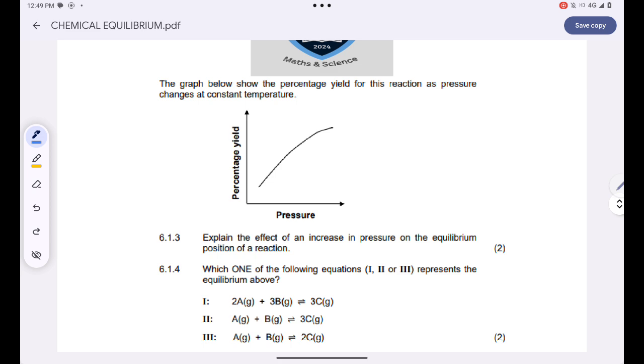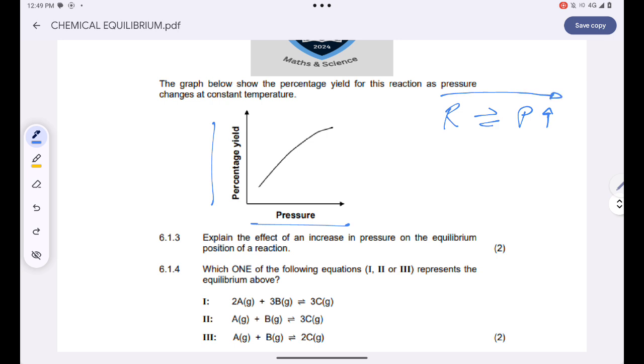Whenever you increase pressure, you will always favor the side with the least number of gases. Over here we have reactants and we have products. I can see that as pressure increases, the percentage yield also increases. And I know that my percentage yield will increase if products increase. And for my products to increase, I need to favor the forward reaction.